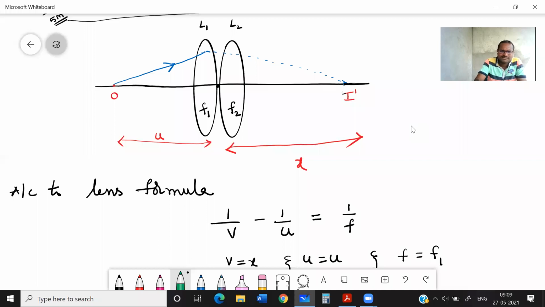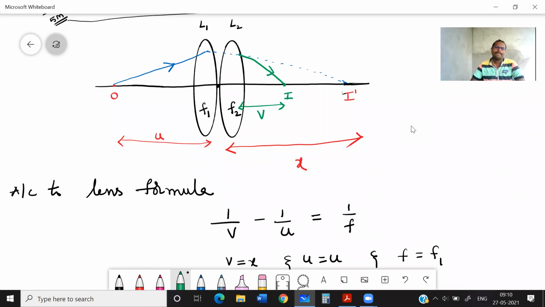As the ray travels like this, it will diverge, and one more lens action will happen. Let us suppose it is the final image, and this final image is at a distance of v from lens L2.